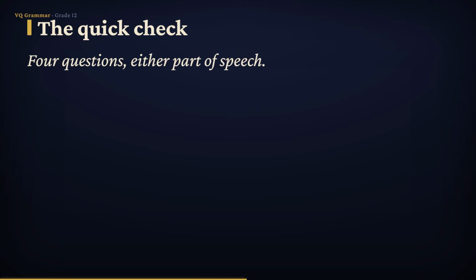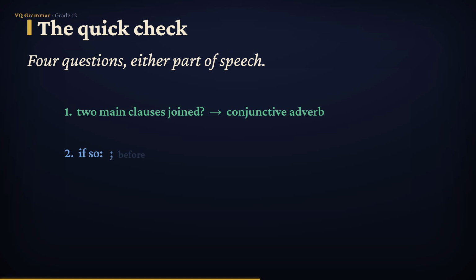Let's boil the whole lesson into a quick check. 1. Are two main clauses being joined by a word like however or therefore? Then it's a conjunctive adverb. 2. If so, put a semicolon before it and a comma after it. 3.